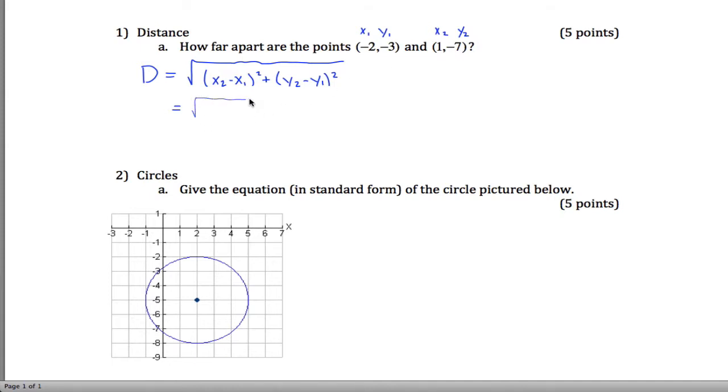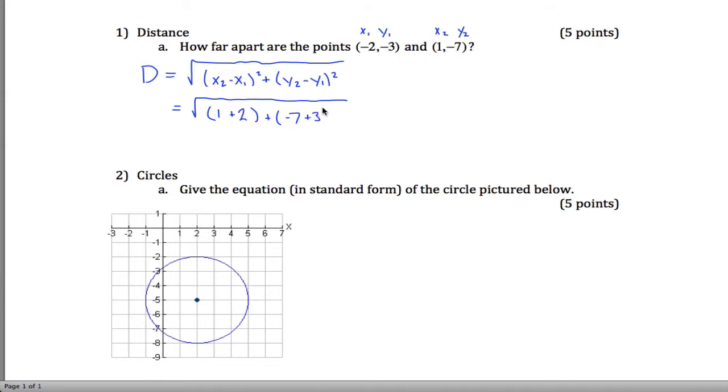So let's see, the distance between these points is the square root of x2, looks like it's 1, and 1 minus negative 2 is the same as 1 plus 2. And then to that we want to add y2, which is negative 7, and then minus y1. y1's negative 3.